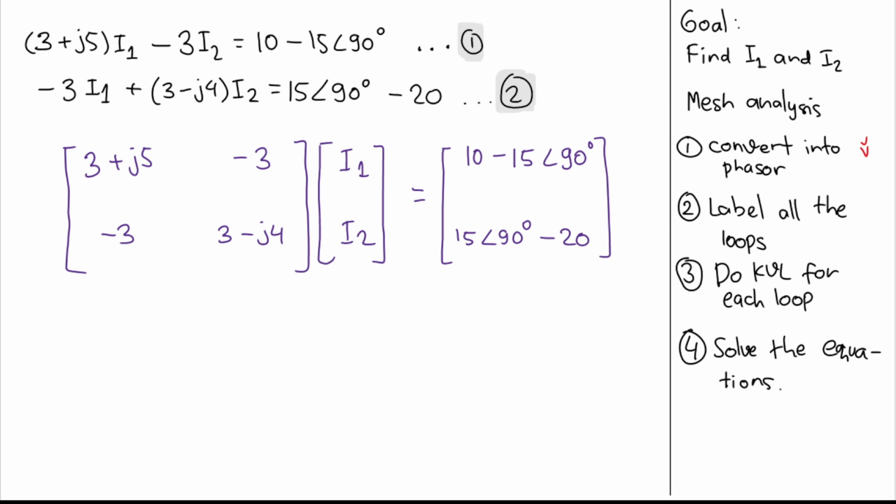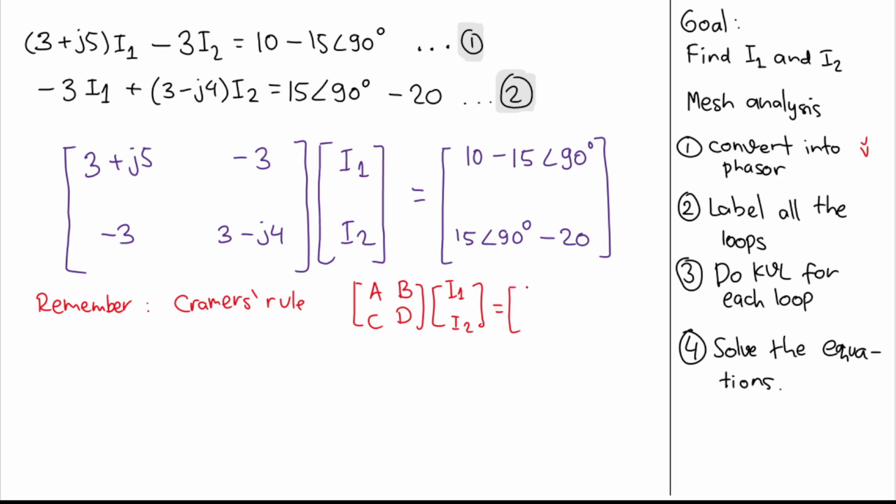Then let's remember Cramer's method. If we have a matrix A, B, C, D multiplied by the resulting vector, in this case I1 and I2, and that results in E and F, we can find I1 and I2 using a direct formula.